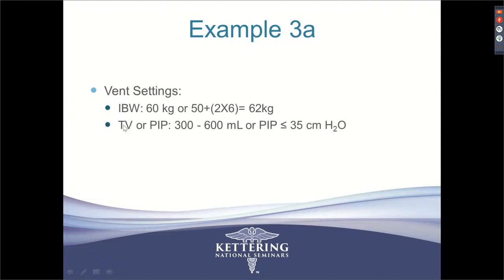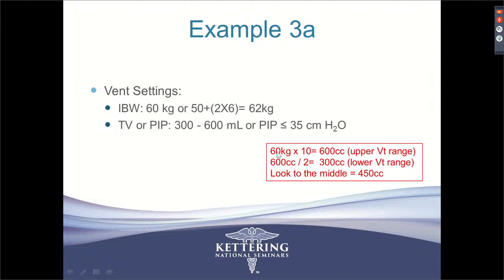Next thing I'm going to do is calculate my tidal volume. I'm going to take the 60 kilograms, multiply it times 10. That's 600 cc's. That's my upper tidal volume range. And then I'm going to cut the 600 cc's in half to get my lower range.